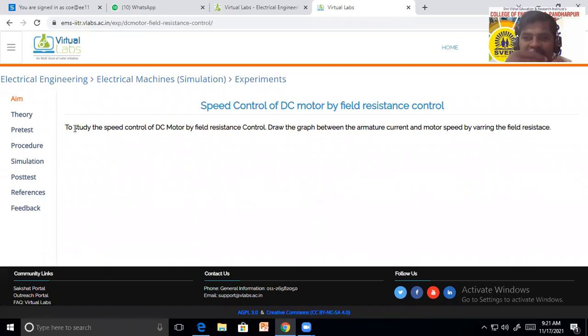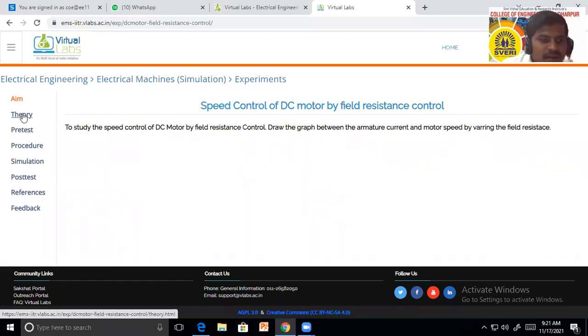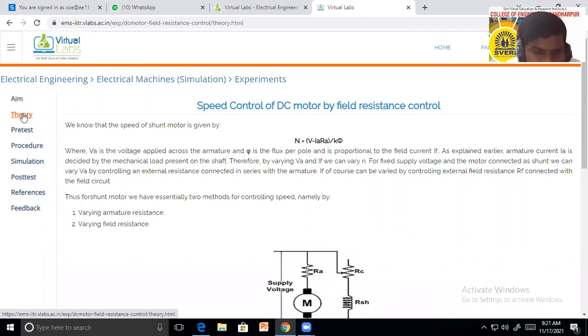Either it may decrease or increase. See, the theory regarding that: we know the equation, E_b or N, just one minute. Do you know the equation?